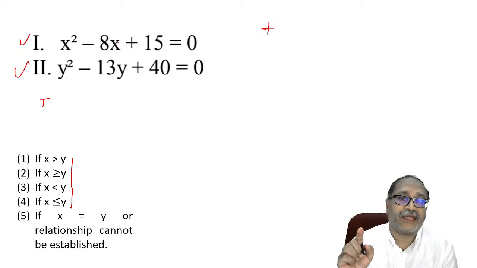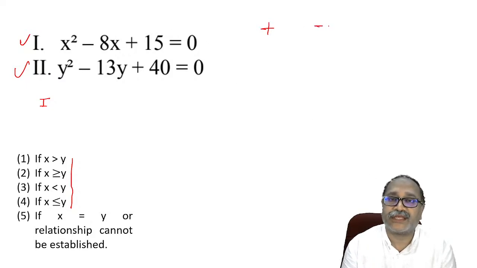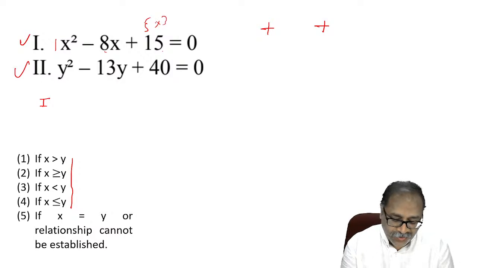I will repeat this again and again so that you will never forget. The minus will never change the next sign, so the next sign plus will remain as it is. Now come to the breaking of the number. This is 8, this is 15, and here nothing is there, that means 1. So how can I write this one? That's 5 into 3. Anyone did it?